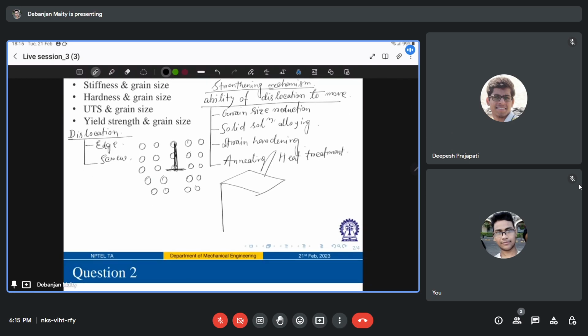It may not be that clear, but in a screw dislocation, you can think of some spiral planar ramp resulting from shear deformation.